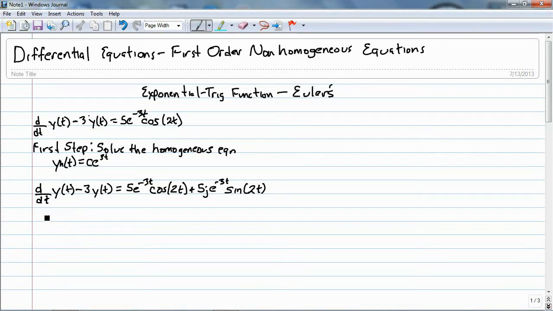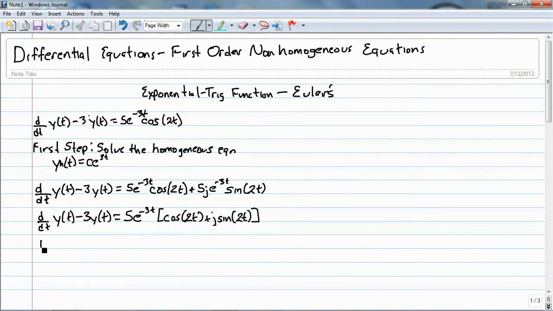And we can simplify this down. And this is going to be like Euler's. And we can simplify that down even more.